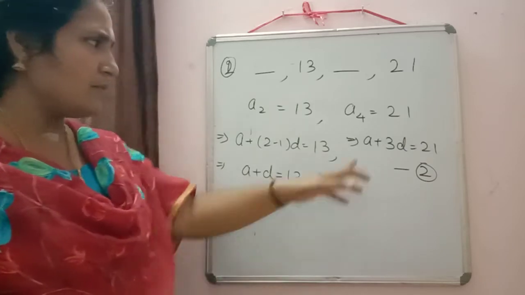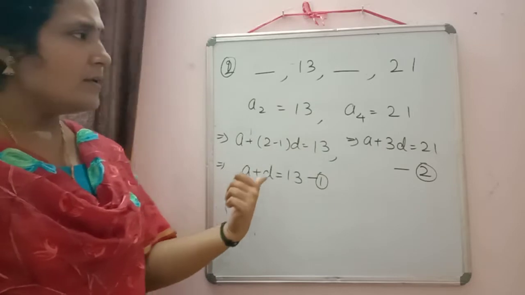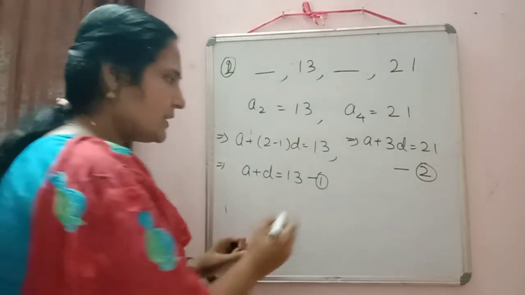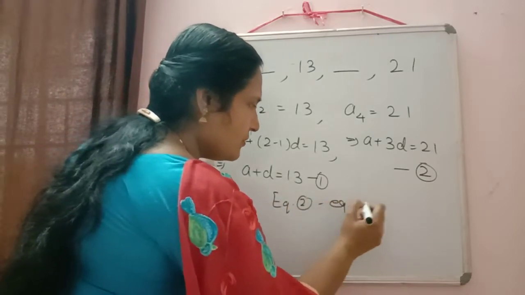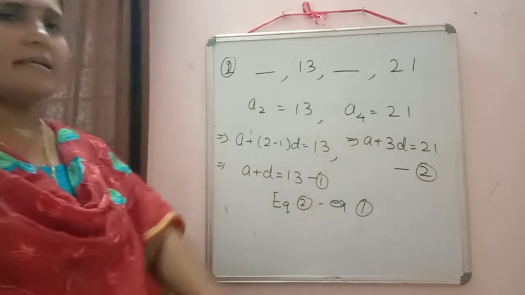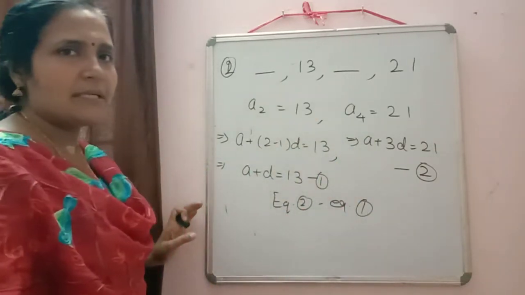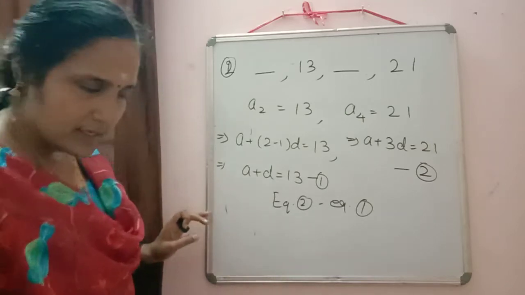At present coefficient of A is same only. So directly we can subtract the equation. Equation 2 minus equation 1 we can do. That depends on you. This I am doing because this number is greater. If you want, you can do equation 1 minus equation 2. That will also be correct only. So we are doing the subtraction now.